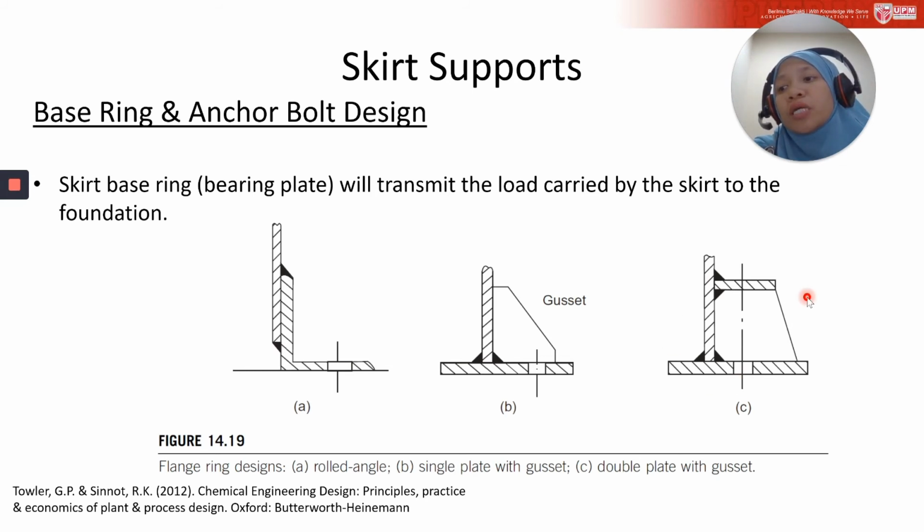The detailed design of base rings and anchor bolts can be obtained from other references, which you can refer to in your main textbook. This is not covered in our main textbook, Chemical Engineering Design by Towler and Sinnott.